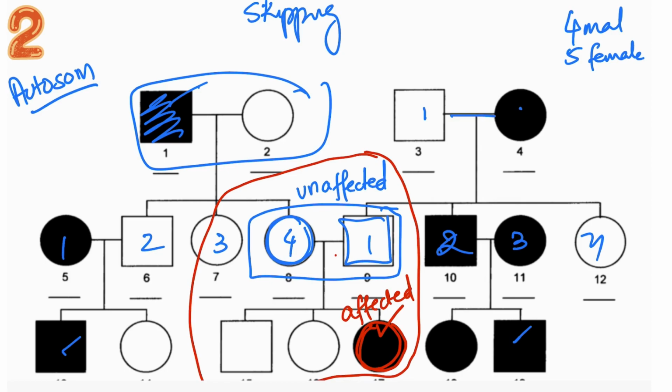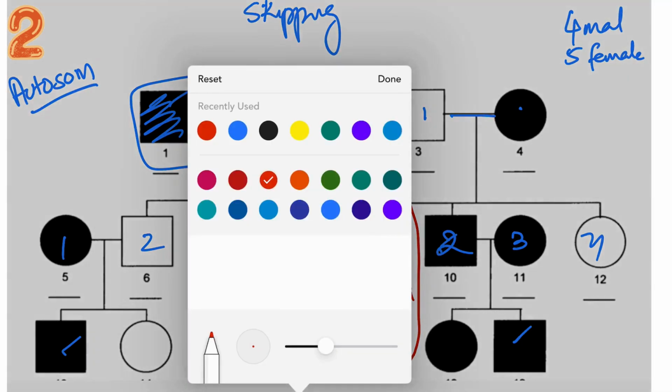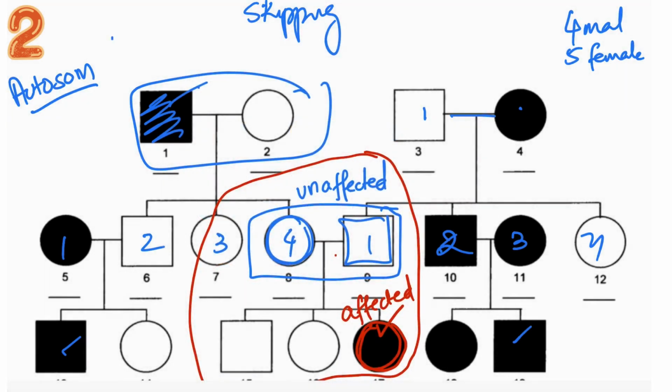Does that give you a clue? Yes, that's the main clue for autosomal recessive. So this is an autosomal recessive pedigree chart. So we'll see skipping of generation as well as this main clue: unaffected parents have an affected child.